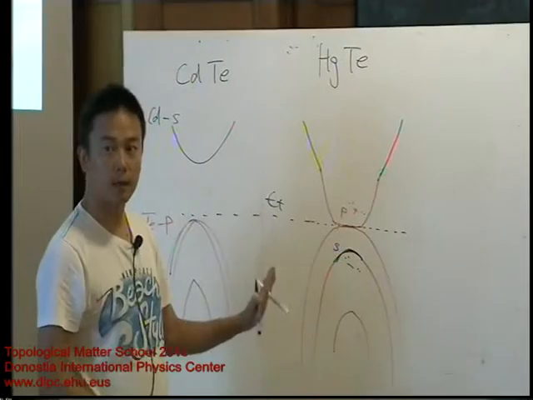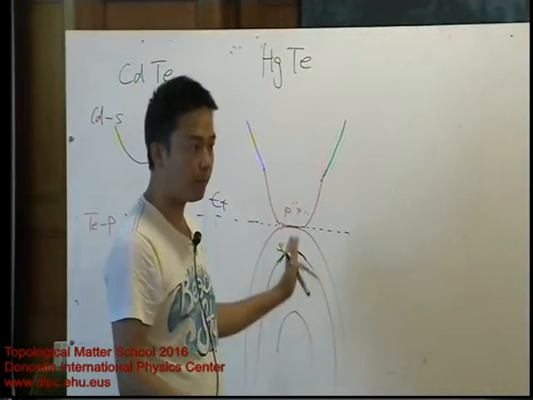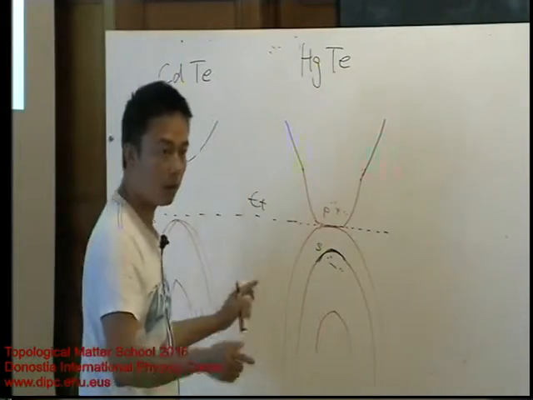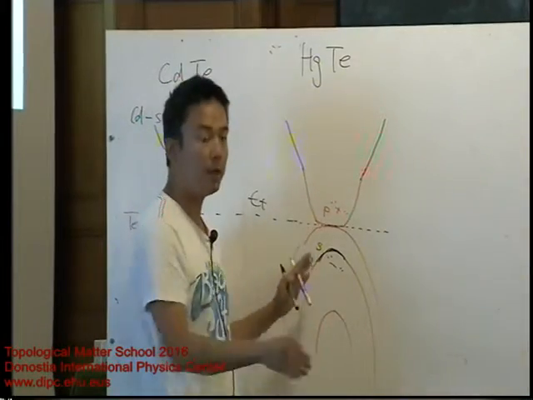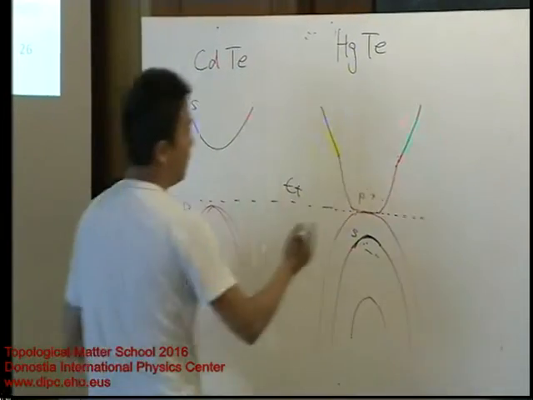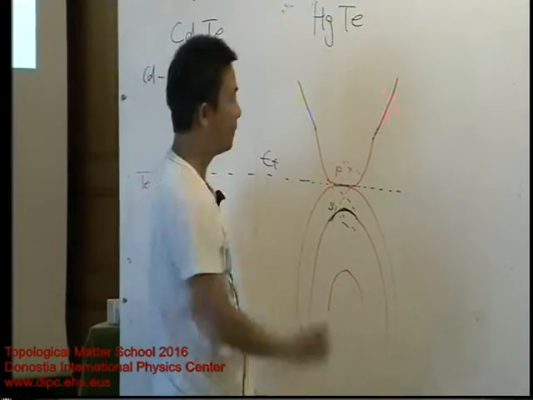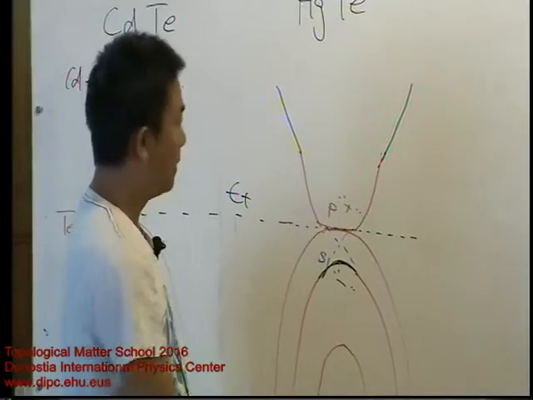Then let's guess, if we have topological surface states, where will the surface state be? It will appear in the inverted gap. Here they are inverted, so it will appear here. Not necessarily at the Fermi energy.